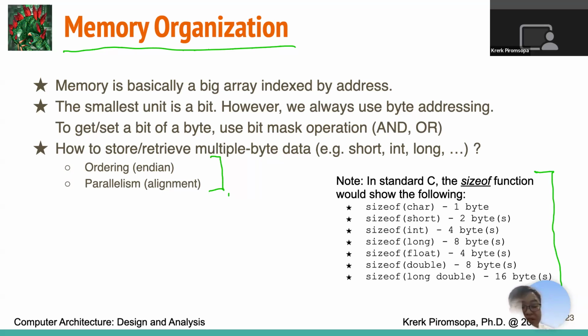Like in C programming, character would be 1 byte, short would be 2 bytes, integer would be 4 bytes, long would be 8 bytes, float would be 4 bytes, double would be 8 bytes, and long double would be 16 bytes. So that means you have to write them in order somewhere if you want to represent something that's larger than a byte.